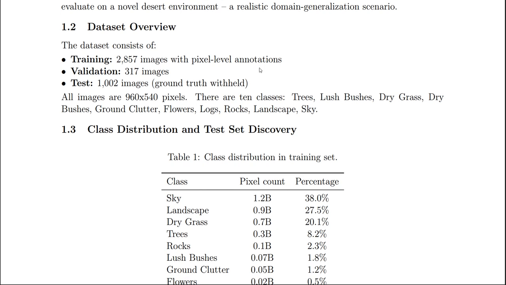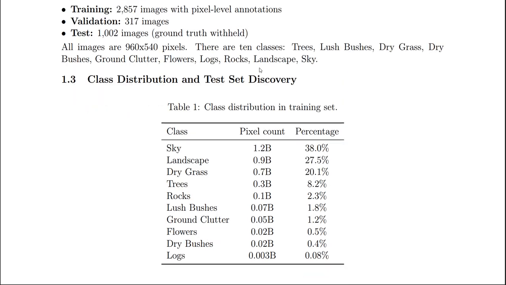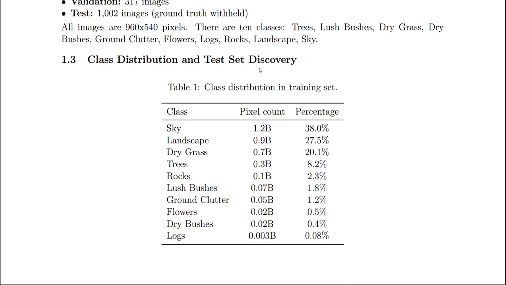Then moving to the data set, we are given the training, validation, and test data set. And there are 10 classes, which are trees, lush bushes, dry grass, dry bushes, and so on. So this is the class distribution with the sky at the max of 38% and a 1.2 billion count, and the flowers, dry bushes, and logs are at the bottom with very low.